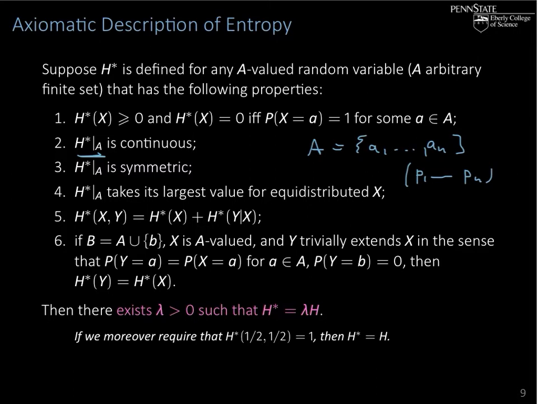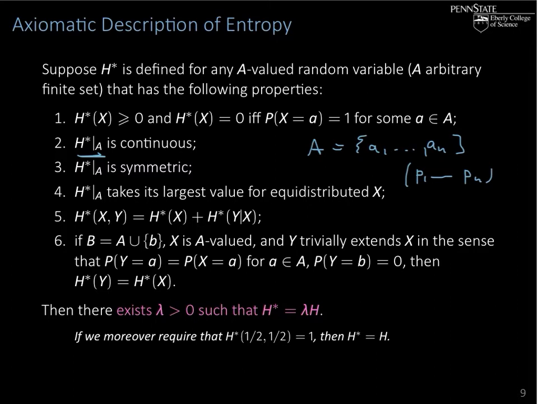As we noted, the joint entropy of two random variables can be seen as the entropy of a single random variable that you obtain by refining the partitions induced by x and y together.